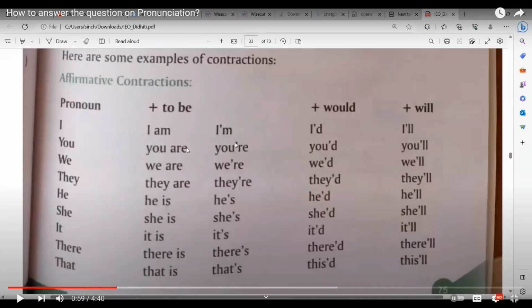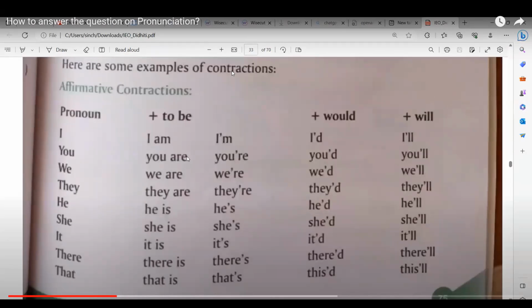If we write it in a short form, this will convert into I'm. Is it clear, Shruti? Yes, ma'am.